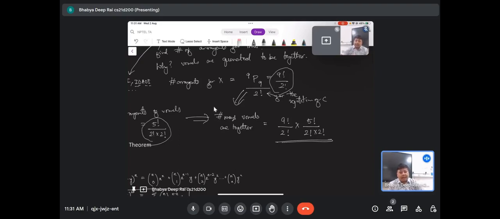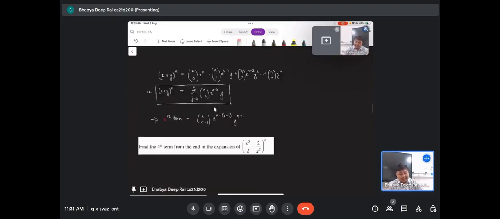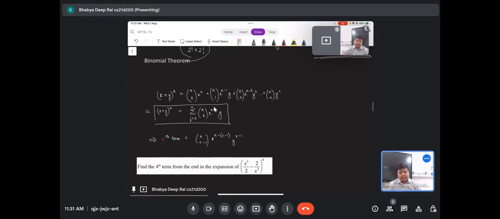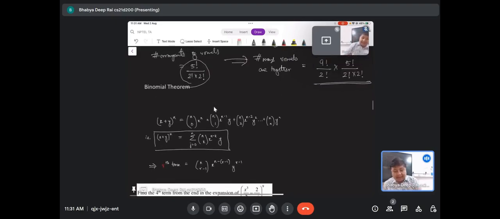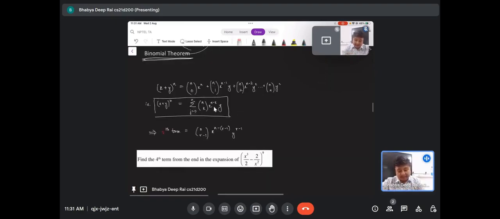Now I shall look at the case. So now we are done with basic counting, permutations and combinations. Now we'll talk about what is known as the binomial theorem. The binomial theorem talks about expansions of expressions which have two terms, x and y.